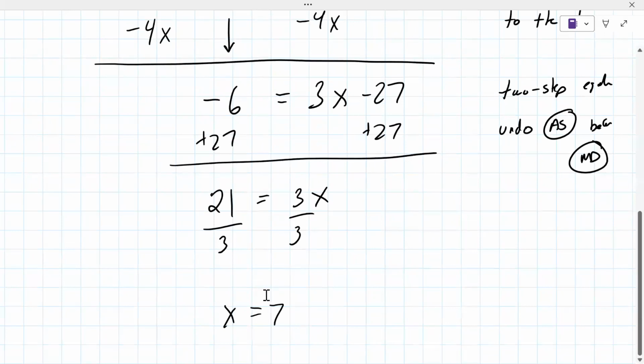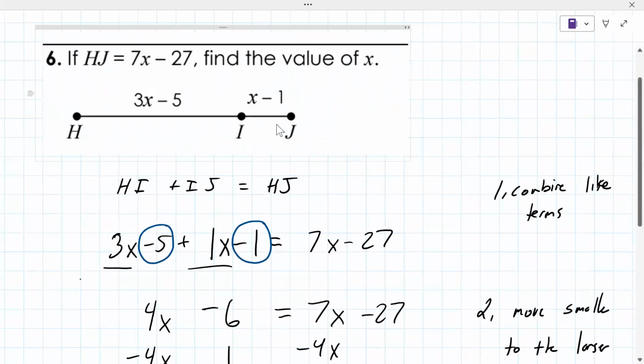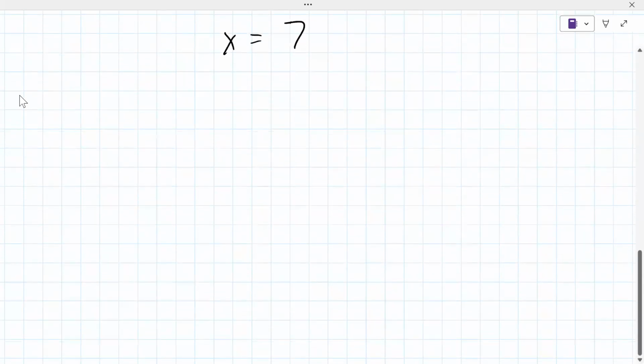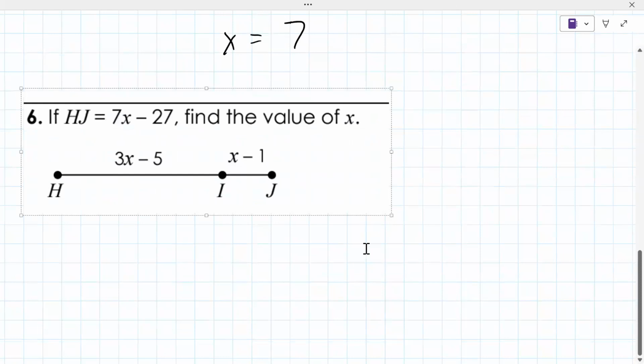One second. It's 7. Okay, now when we go back to the original, is that what it asks you to find?